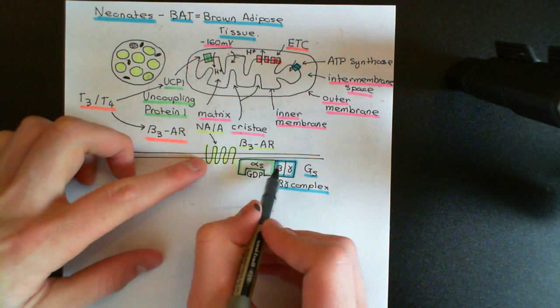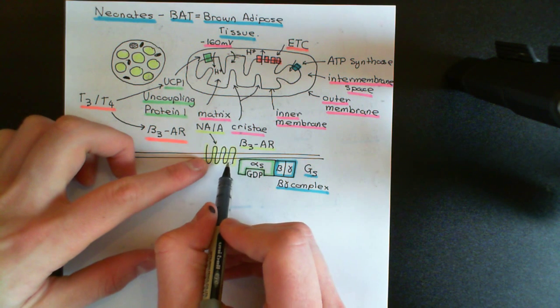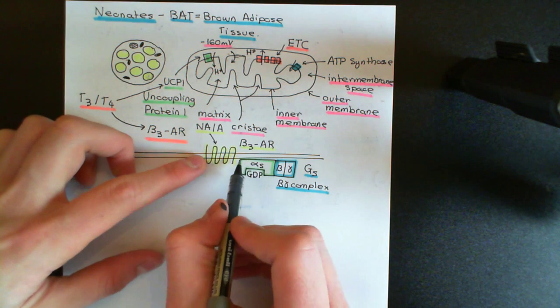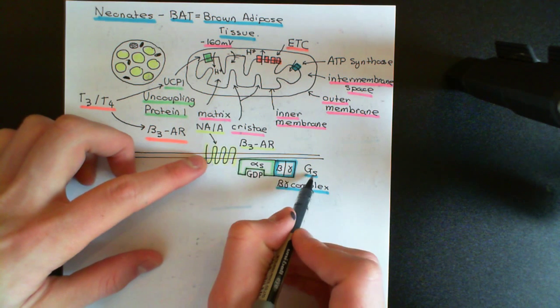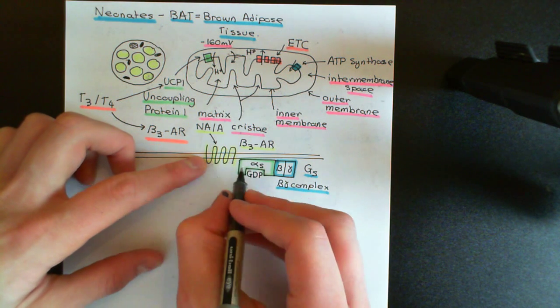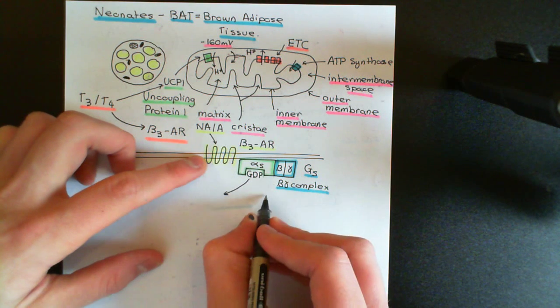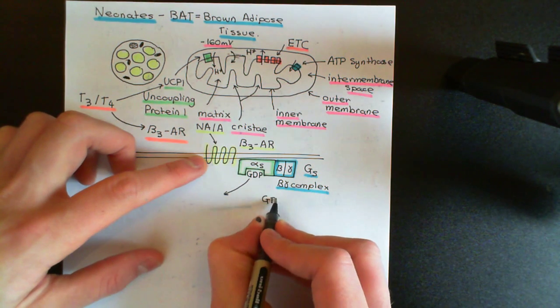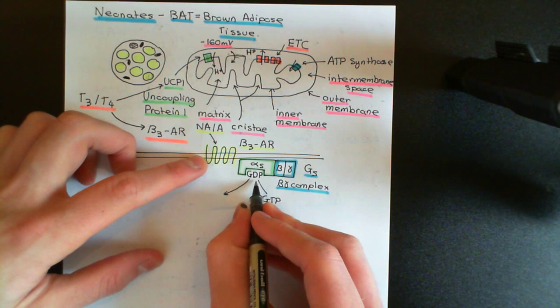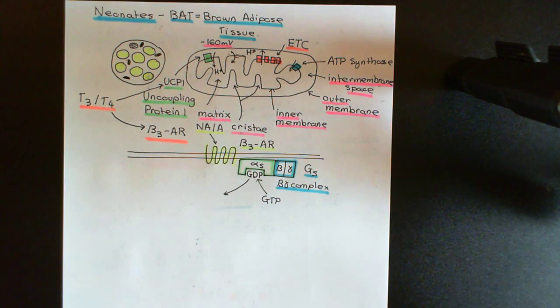So the G protein can come along and bind to the underside of this beta-3 adrenergic receptor, and binding here will catalyze the activation of the GS heterotrimeric G protein. Let's say this is now bound to the underside here. What it catalyzes is the release of the guanosine diphosphate from the alpha S subunit, and then the binding of a guanosine triphosphate molecule from the cytoplasm of the cell into the site where the GDP was.